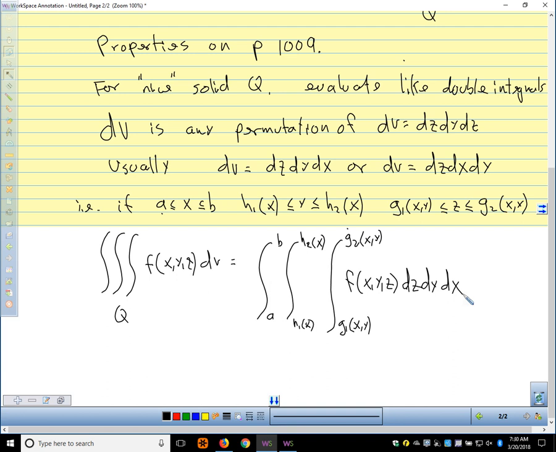And each iterated integral, just like we did with double integrals, we evaluate by letting the other two variables be constant, or considering the other two variables as constant. So we're just adding one step.